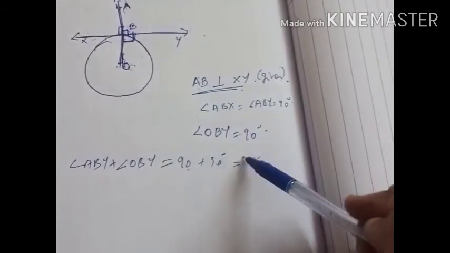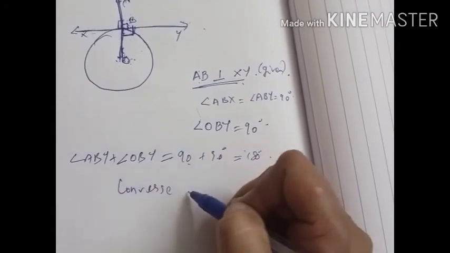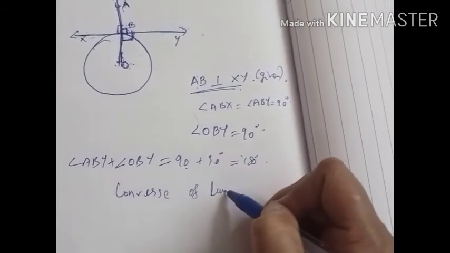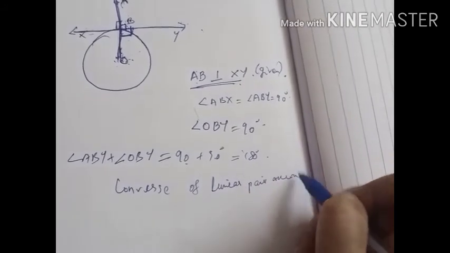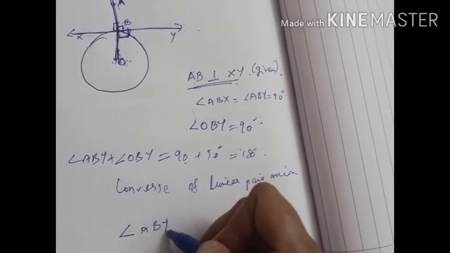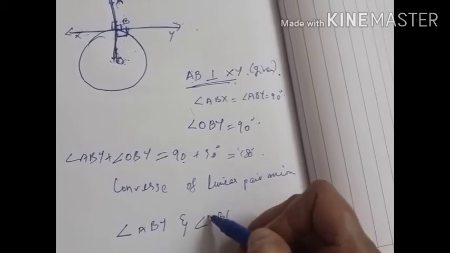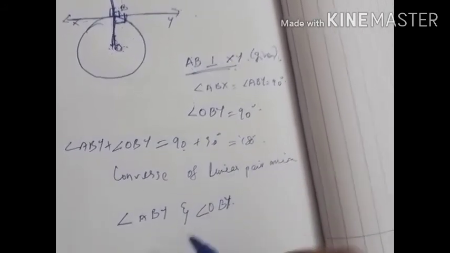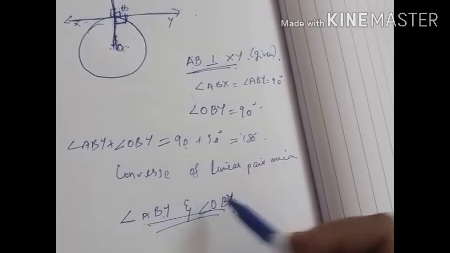By the converse of the linear pair axiom, angle ABY and angle OBY are a linear pair.